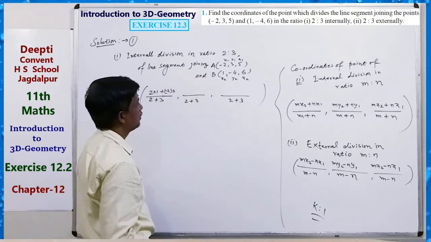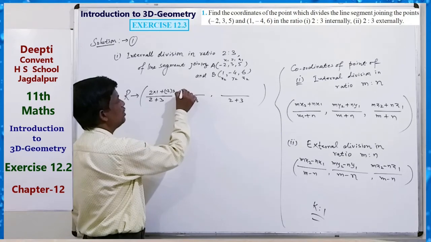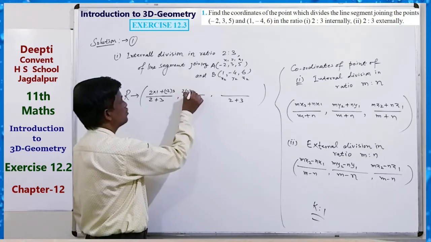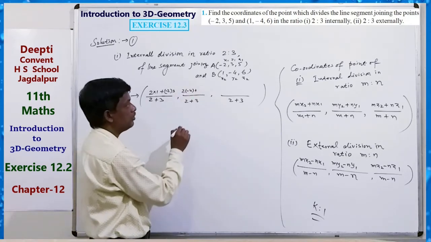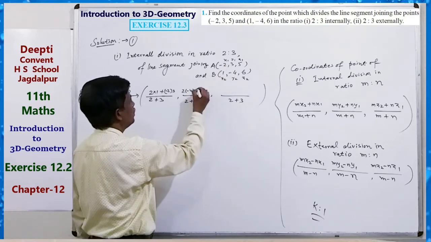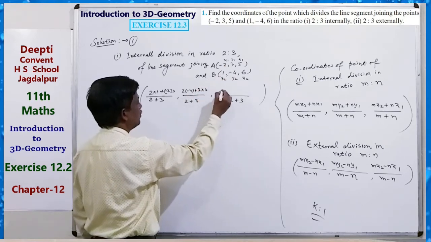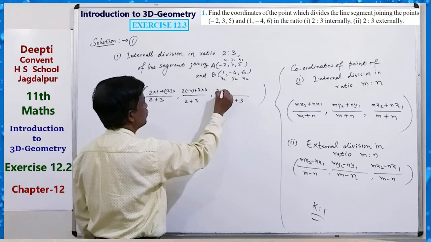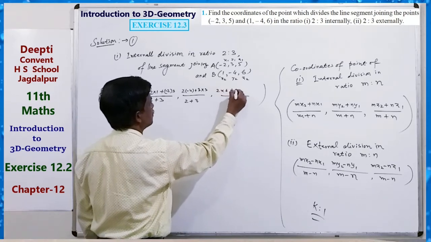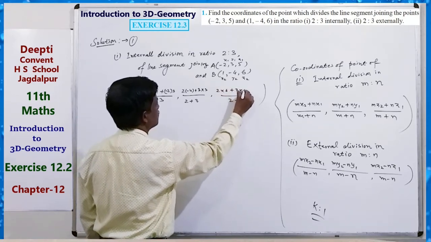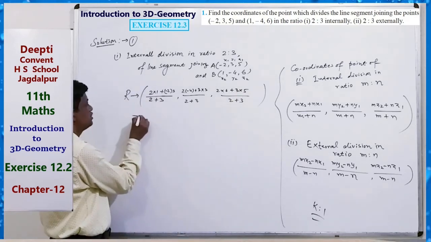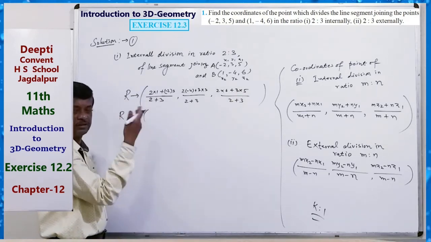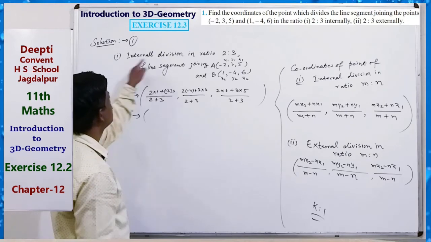Here 2 into y2, 2 into minus 4, plus 3 into 3. Here 2 into z2, that is 6, plus 3 into minus 5. So we see R as the internal division point.